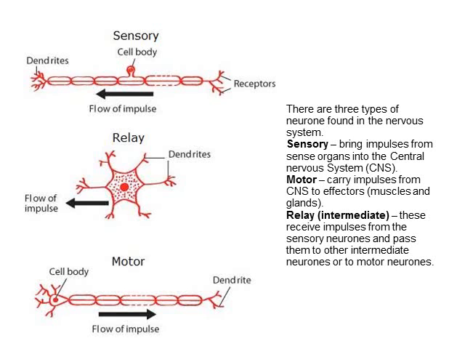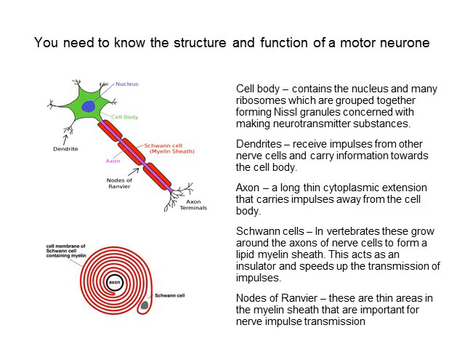Let's look at the structure of an individual neuron. The type of neuron that we require to know in detail for this course is a motor neuron, and here's a picture of a motor neuron in front of you. It has a cell body, a larger area at one end of the cell, and this is where the nucleus is, and also visible under a good microscope are groupings of ribosomes, which are called Nissl granules.